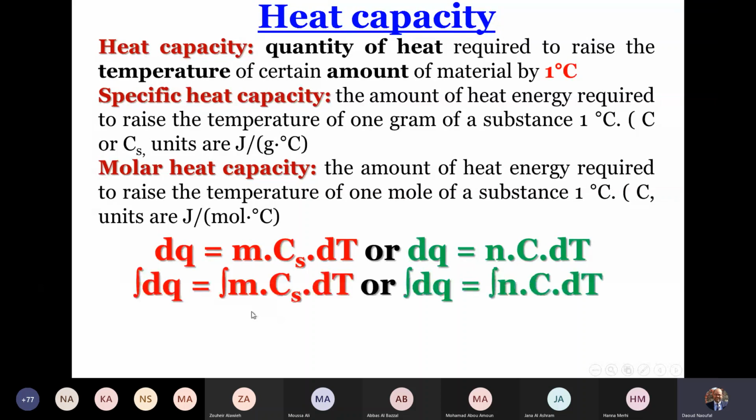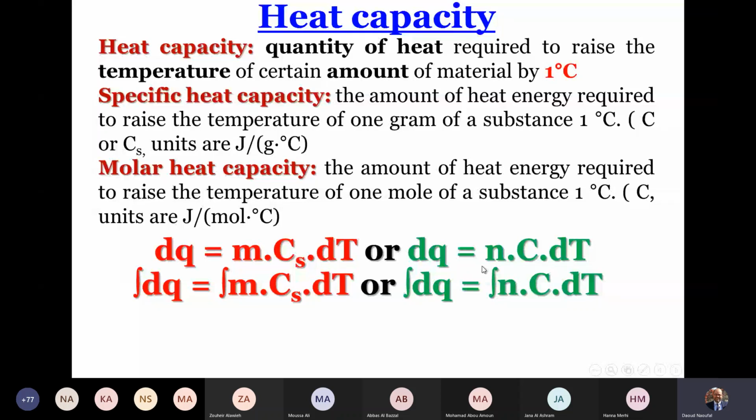Now I do the integration. The variation of Q from state 1 to state 2, or from the initial state before heating to the final state after heating, equals the integral of m C_s dT.